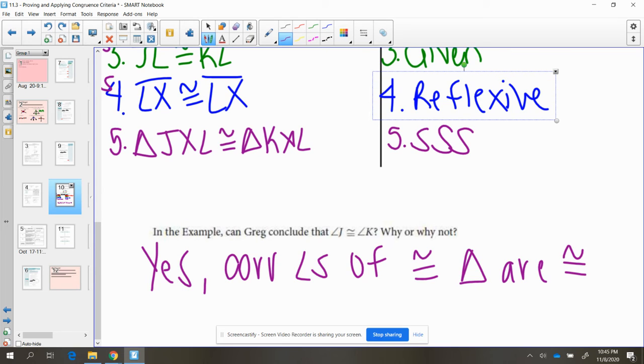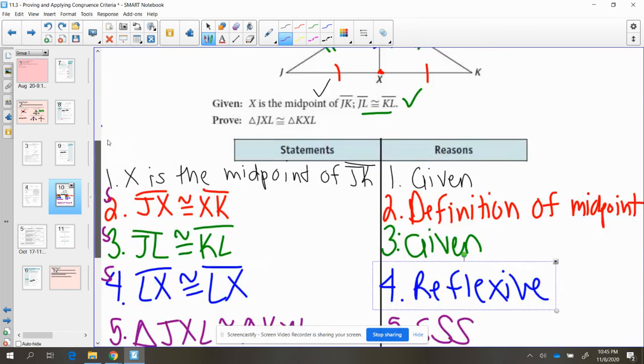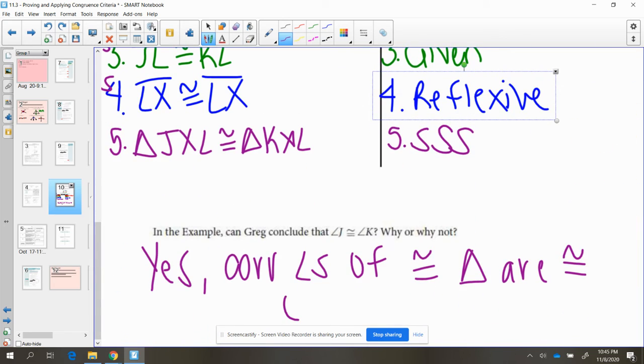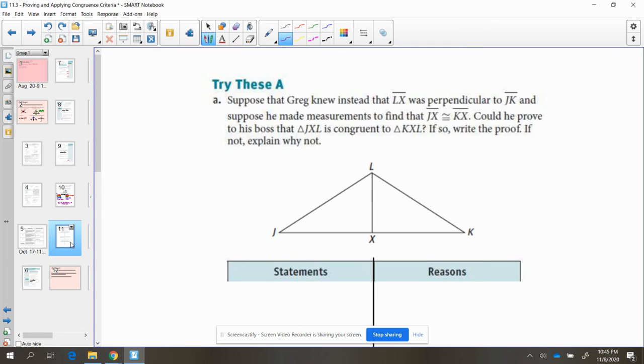Once we know the triangles are congruent, we know all the remaining sides and angles also have to be congruent to each other. We again call this CPCTC. Okay, so that's something we're definitely going to use a lot as well. CPCTC. Corresponding parts of congruent triangles are congruent.